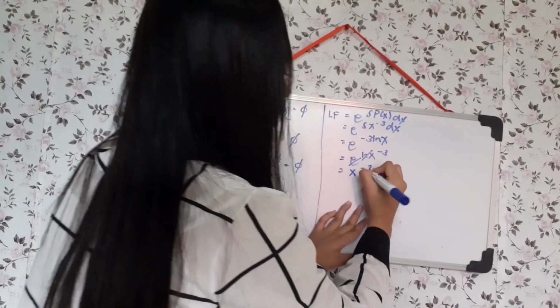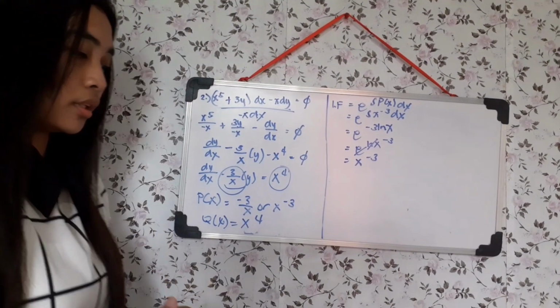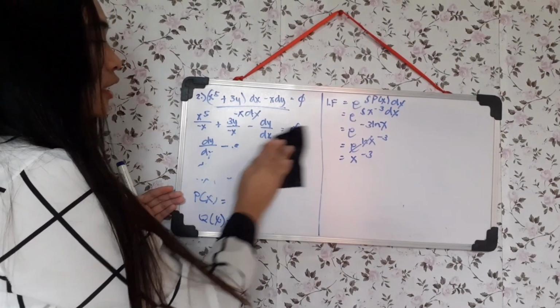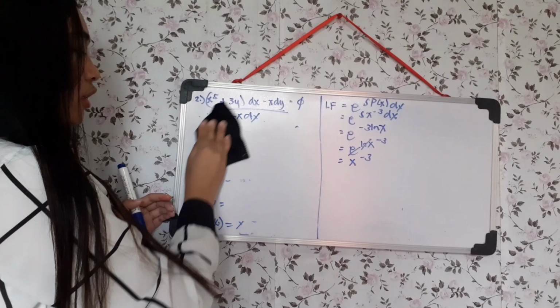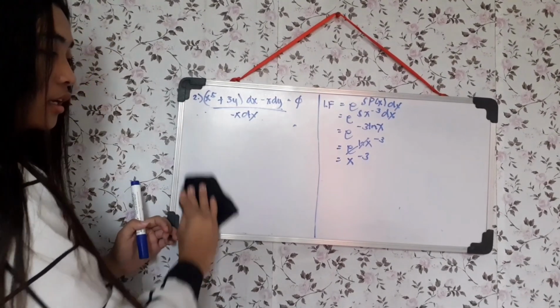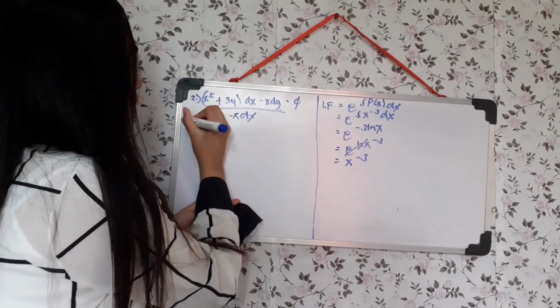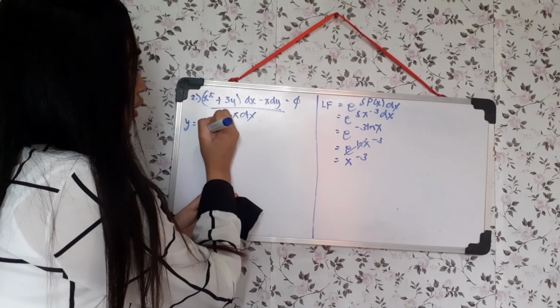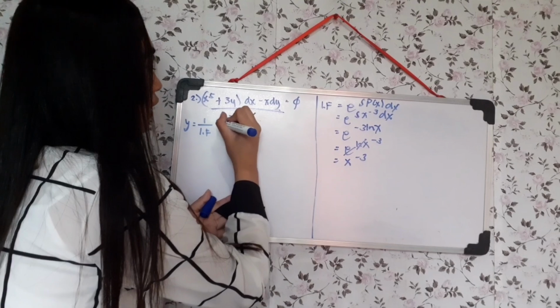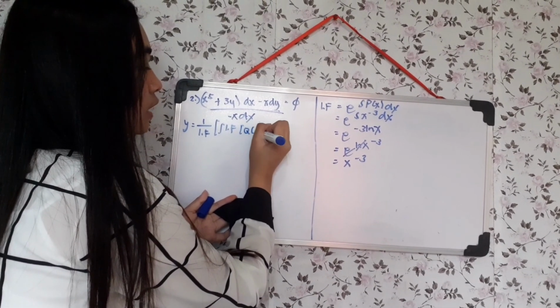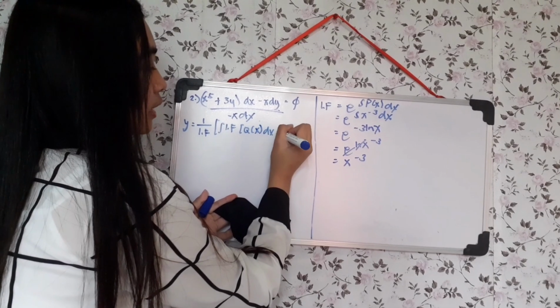The integrating factor would be x to the negative 3. After getting the integrating factor, proceed to the general solution, which is y equals 1 over the integrating factor times the integral of the integrating factor times q of x dx plus c.